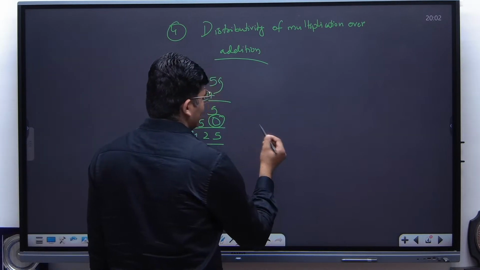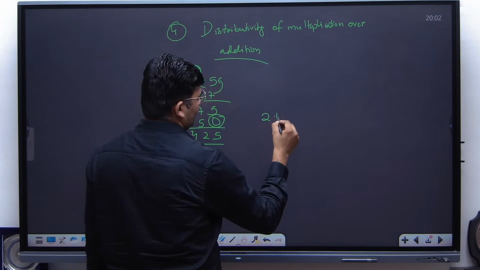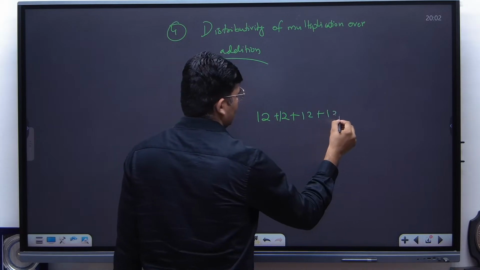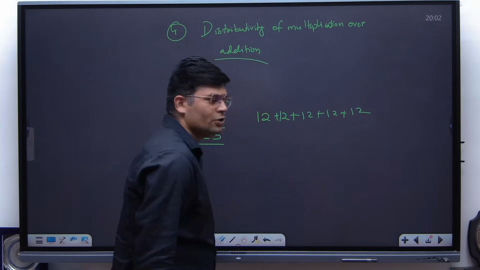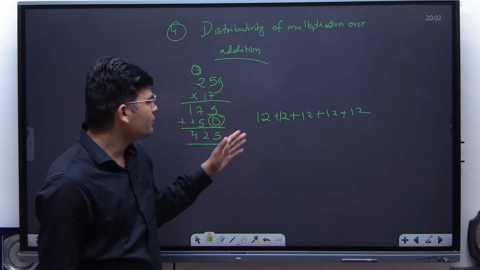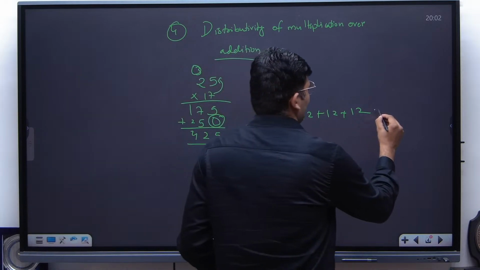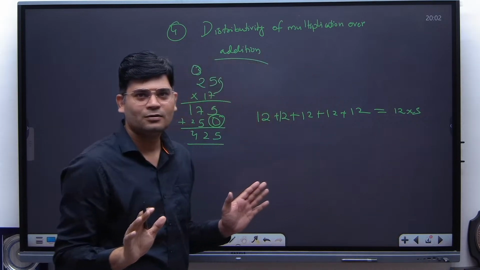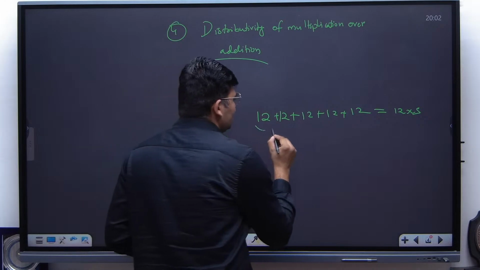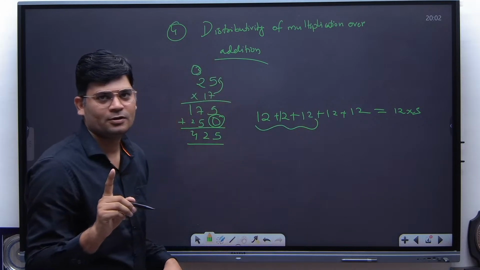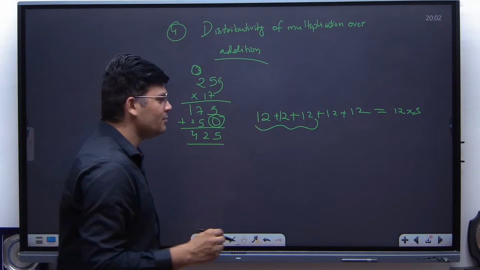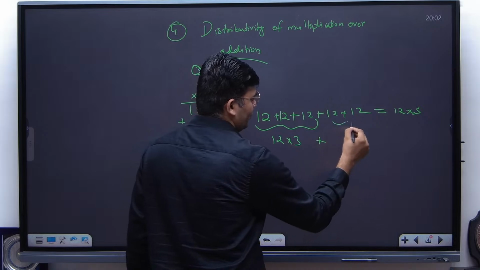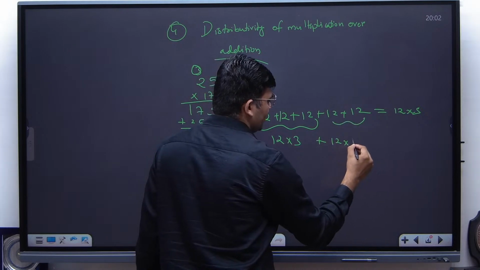So when we are splitting something, suppose I say 12 plus 12 plus 12 plus 12 plus 12. You say, sir, continuous addition is known as multiplication. So these three numbers can also be taken together, written as 12 into 3, plus if I take these two together, 12 into 2.